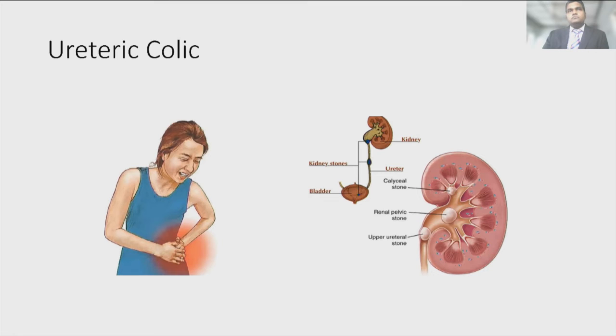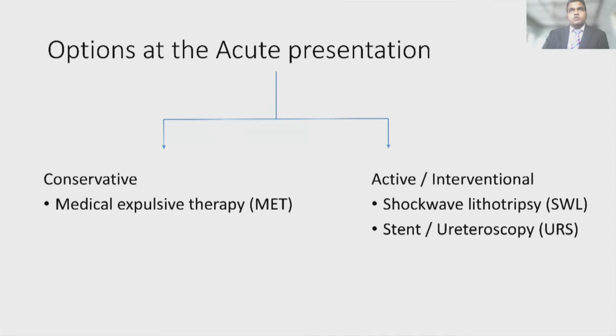As you all know, ureteric colic is probably the commonest of the acute abdomens we see in the casualty surgical unit, and it's quite important to have a clear outline of management.